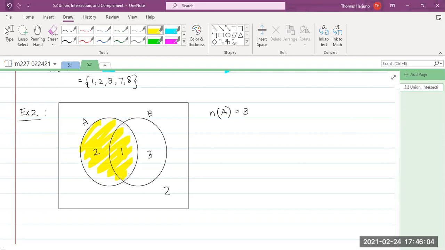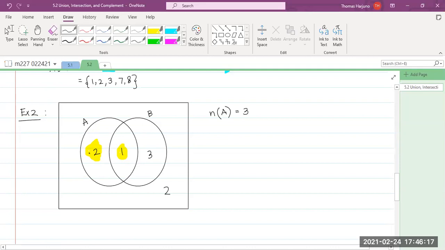Okay? Professor, how did you get 3 and you highlighted 2 and 1? Adding together? Yes. Notice that I don't use the dot. If I use dot, it means 2 is an element and 1 is an element, right? No, I don't use dot. If I don't use dot, it reflects the number of elements.